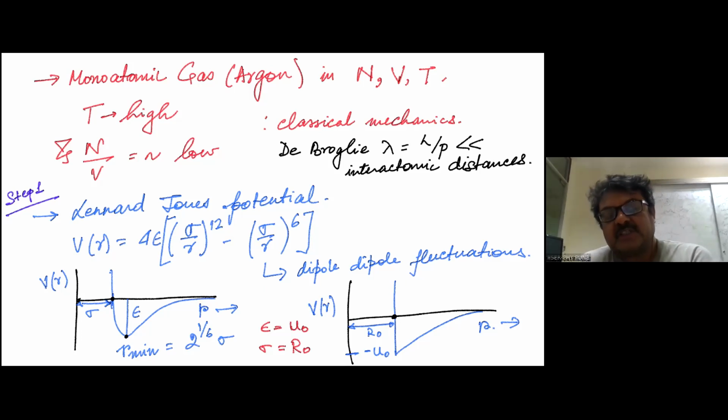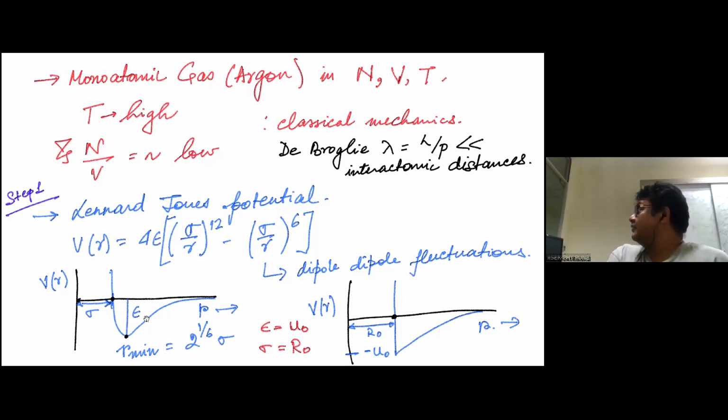Those who are doing the computational physics course might come across that you even cut off the potential and set to 0 the value of the potential beyond r equal to 3, because that saves computational time, but never mind.